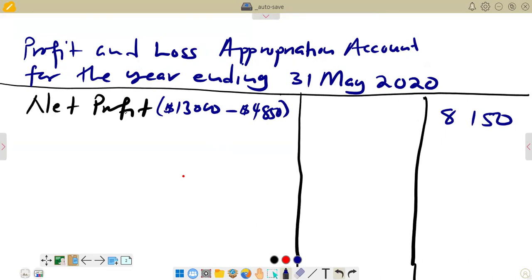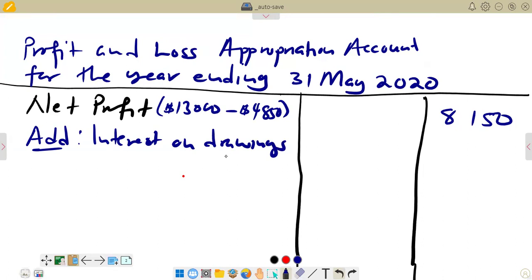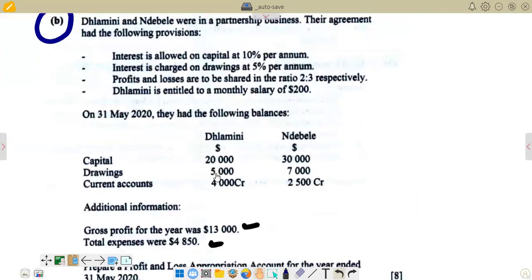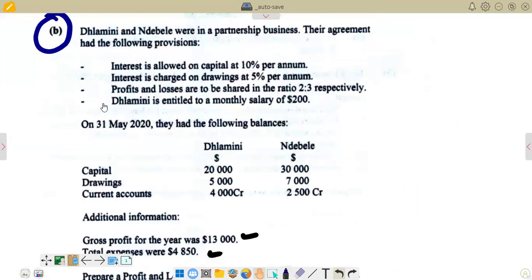Then from there, remember, we are supposed to add interest on drawings, if it's there in the question, and in this question we have it. So we add interest on drawings. According to the partnership agreement, what is the interest that they agreed? You see on point number 2, interest is charged on drawings at 5% per annum.